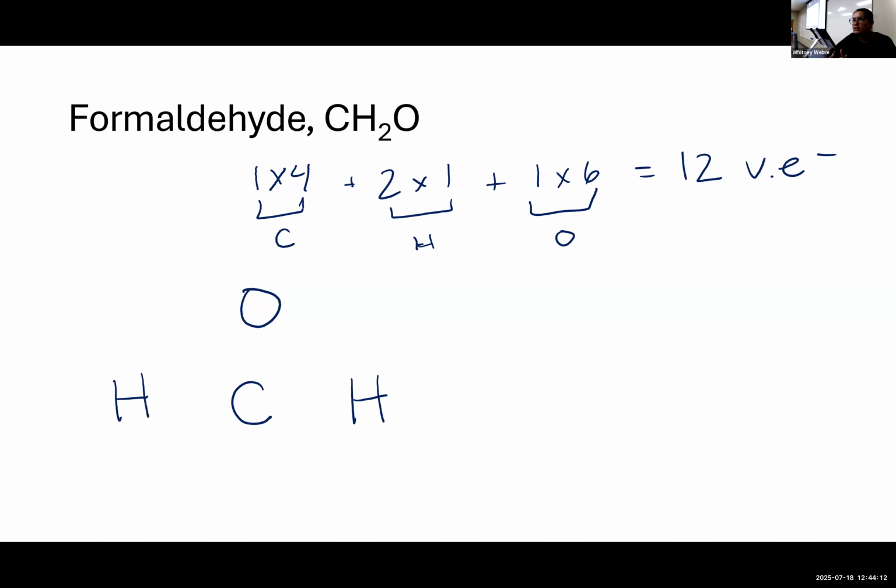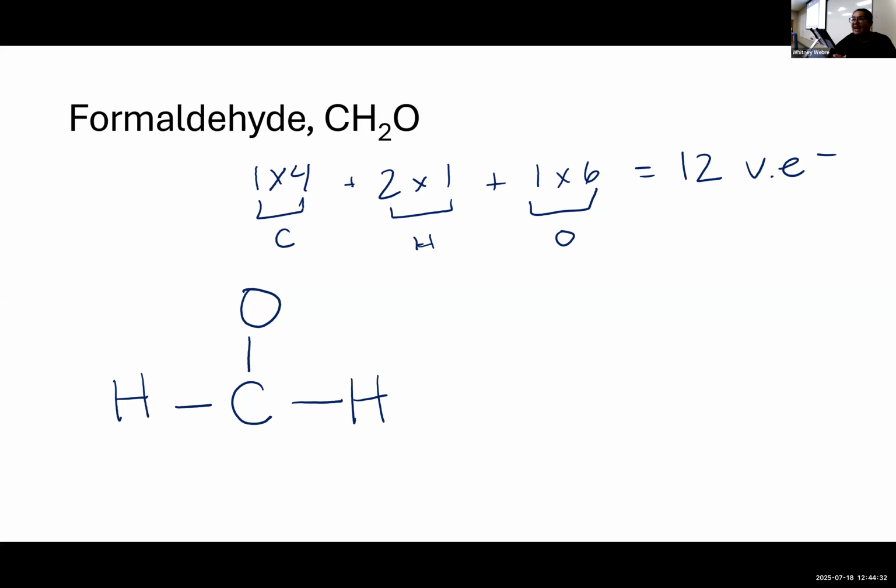So once you have your central atom drawn with all of the attachments, the first thing you do, once again, is draw the bonds between them. Start with a single bond. Once you have all your single bonds, you add lone pairs until you hit your limit of 12 valence electrons.